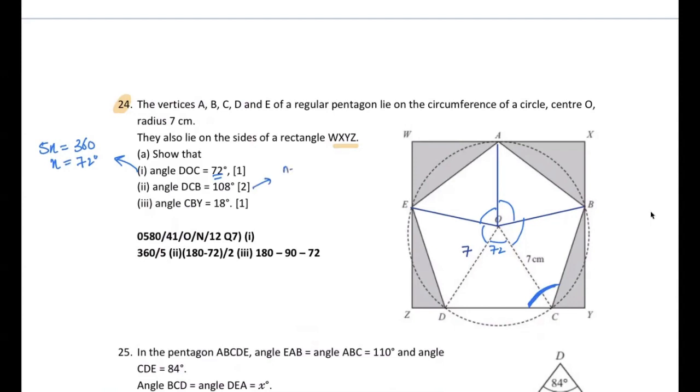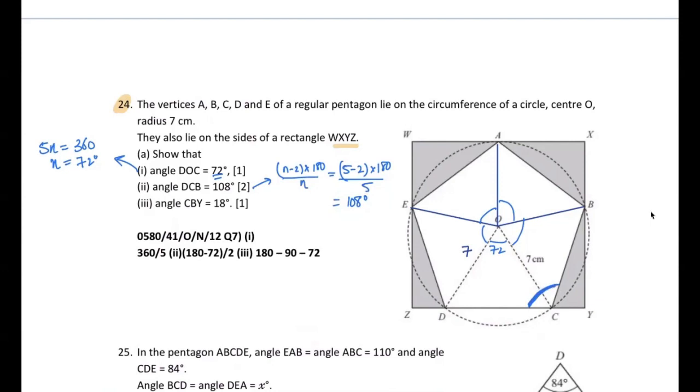The formula was n minus 2 times 180 upon n. n is 5 in case of a pentagon, so 3 times 180 divided by 5. So this is going to be 108 degrees. Then we need to find angle CBY. Is everyone clear with the second part? That this angle came out to be 108? Yes.